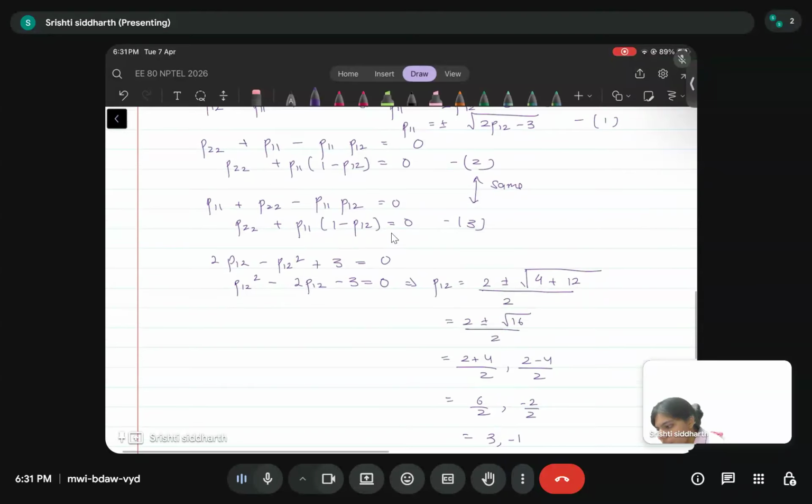Okay, so choose p12 as 3. Then we get p11 equals plus minus under root 3.